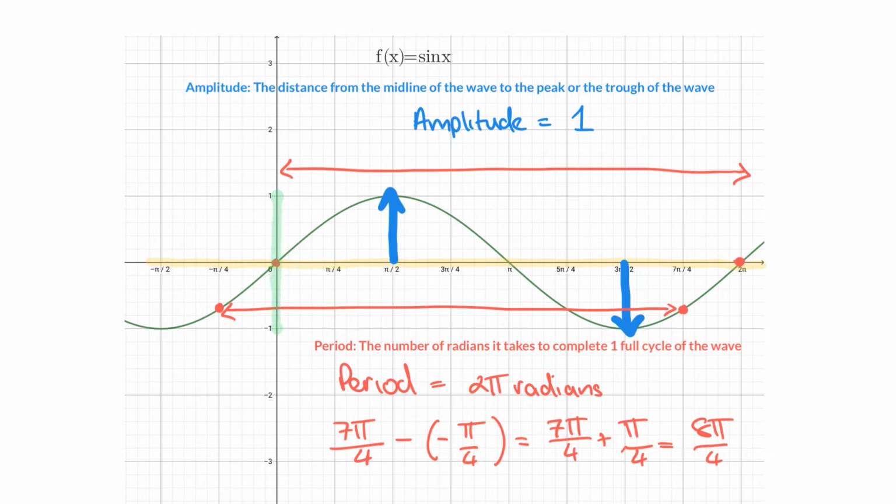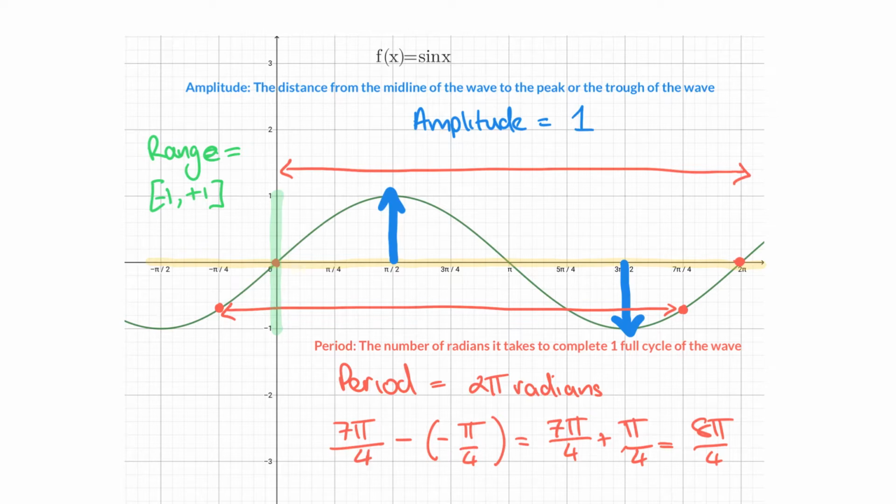And I can see that the range of outputs of this function go from -1 to +1. I use those square brackets to show that -1 and +1 are included.